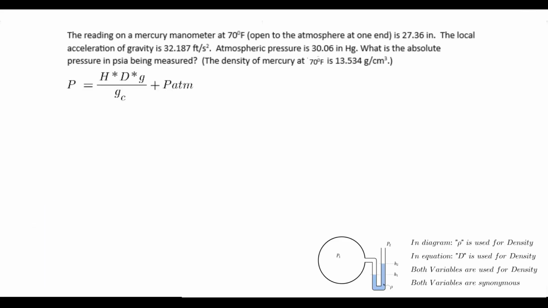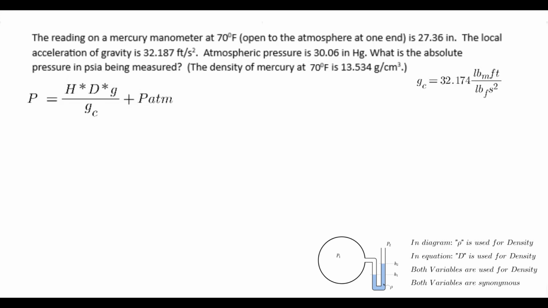For British units, absolute pressure equals the height of mercury times the density of mercury times the acceleration of gravity, all divided by the conversion factor for mass to force, all this plus atmospheric pressure. The conversion factor from mass to force equals 32.174 pound mass feet per pound force second squared.